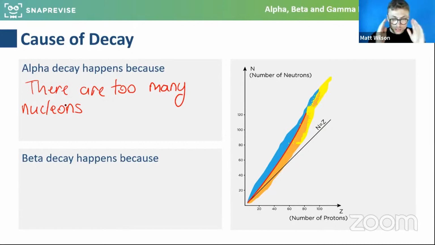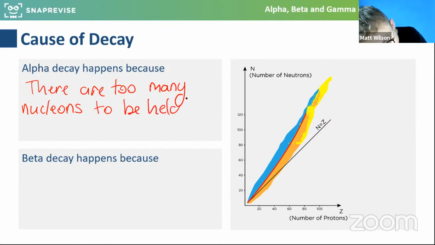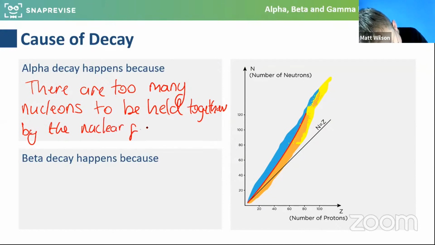If you have too many nucleons, it's essentially too much to be kept together by the nuclear force. So alpha decay happens when there are too many nucleons to be held together by the nuclear force. Don't worry if you haven't heard of the nuclear force before. That will essentially be the only mention of it. But that's why alpha decay happens.